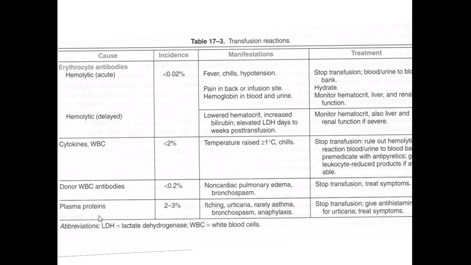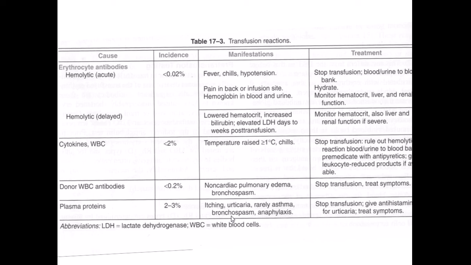And finally, sometimes the reaction is related to the plasma proteins, and we see that in about 2 to 3% of cases. In this case, the patient usually has itching, and we can have allergies against the foreign plasma: itching, urticaria. This is so important clinically for physicians to know.